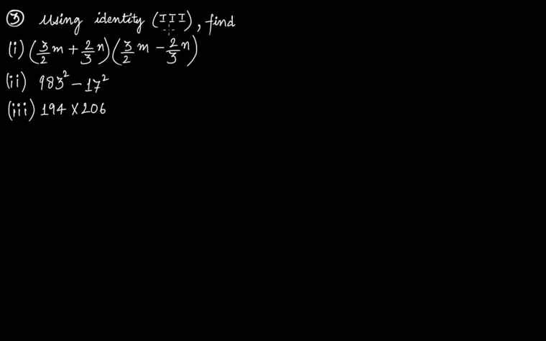Using identity 3, find (3/2m + 2/3n) multiplied by (3/2m - 2/3n). And then you have other problems as well. Now, you have to remember that identity 3 says that (a + b) multiplied by (a - b) is equal to a squared minus b squared.